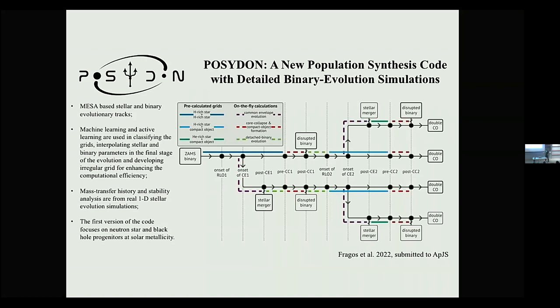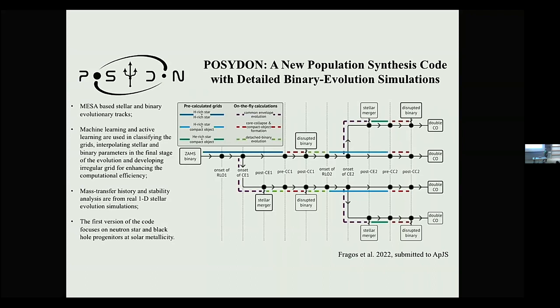Each square represents a result, either initial conditions or the final result. We start from zero-age main sequence evolution, and after one of the stars fills its Roche lobe radius, it starts mass transfer or a common envelope event.